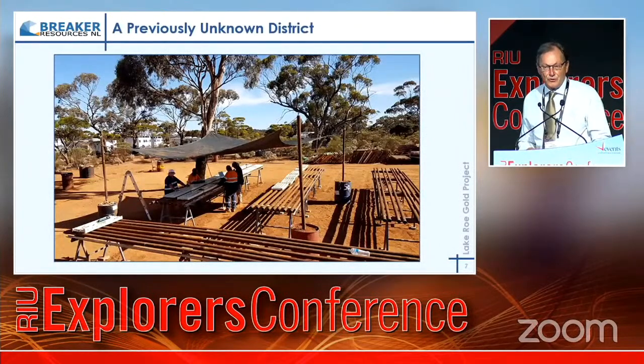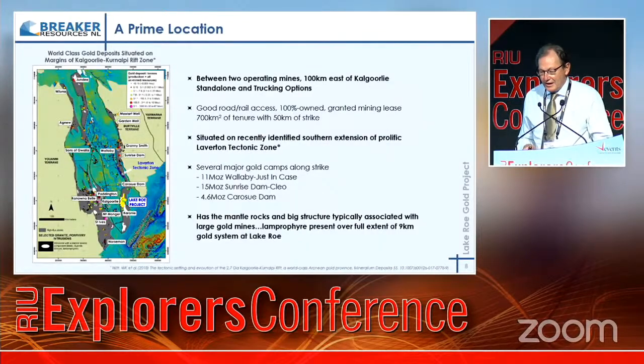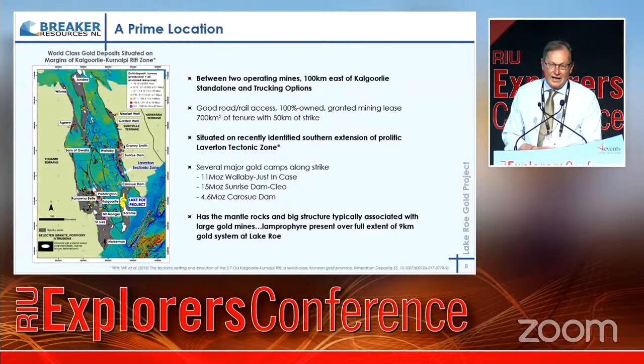Okay, a quick fly through why I think this is going to be a mine. This is courtesy of Wally Witt, this slide, but it essentially puts the larger gold deposits around Kalgoorlie in a perspective that I think rings true in a lot of ways.